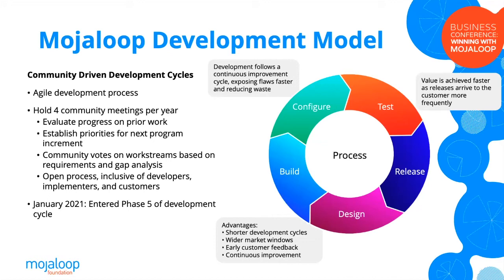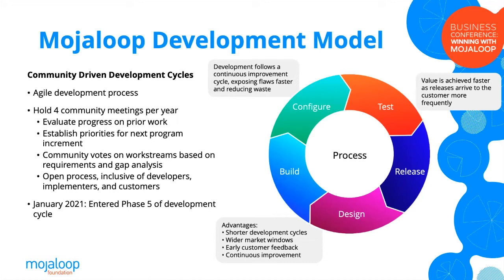The development follows a continuous improvement cycle, which exposes flaws faster and reduces wasteful time spent on things that may or may not work. Value is achieved faster as releases arrive to the customer more frequently. We have shorter development cycles, wider market windows, and continuous improvement.